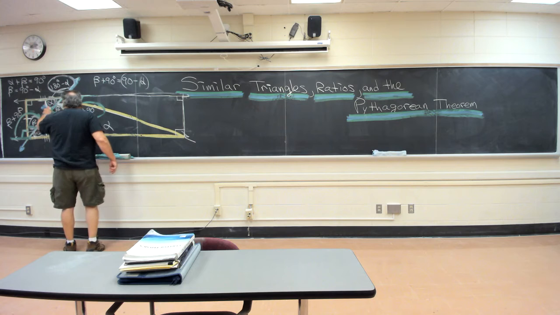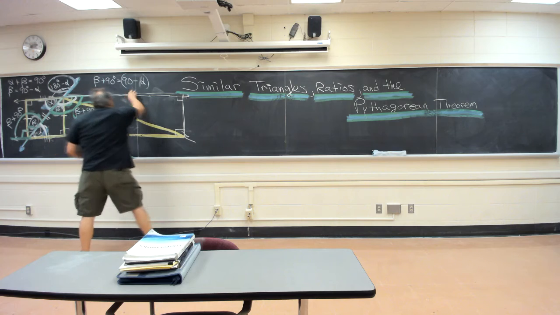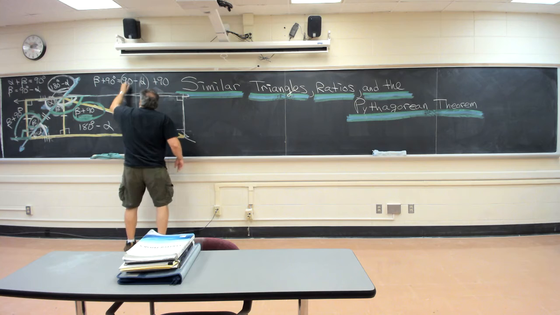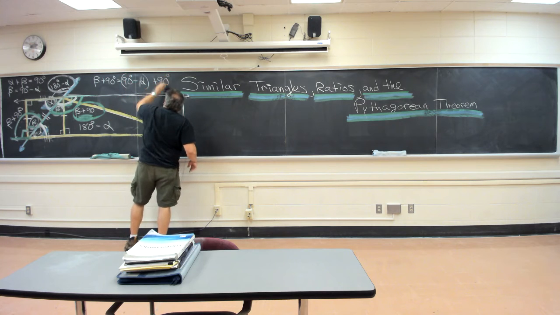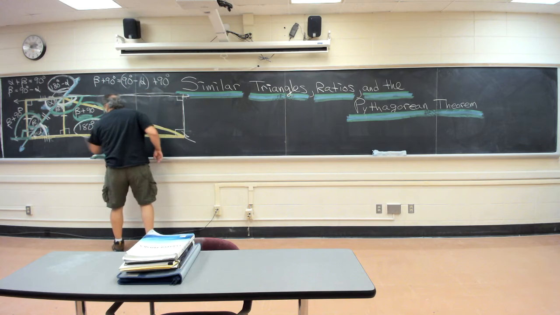If this is alpha, this is going to be 90 minus alpha. And we played that game here and got this right here plus 90. Well, what's 90 and 90 minus alpha? It's 180 minus alpha.